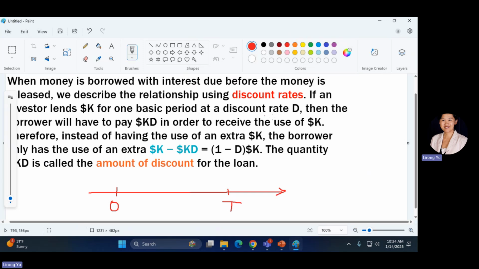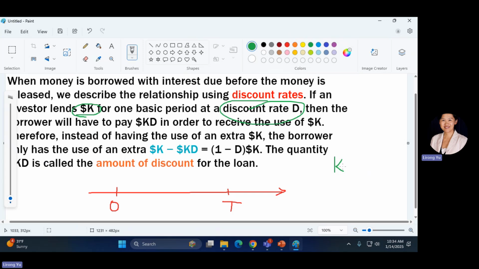The discount rate is given at first, and you are trying to borrow K dollars, but you're going to pay the discount first. So if you want to borrow K dollars, in this case, you borrow K, but you're paying K times D. So the actual money you have is 1 minus D times K.